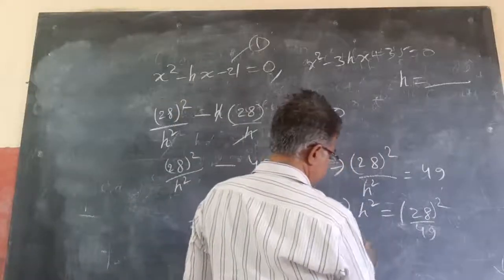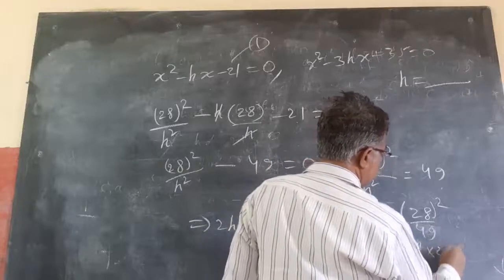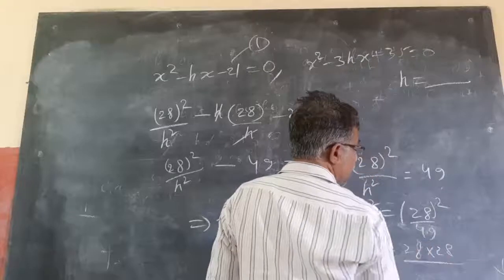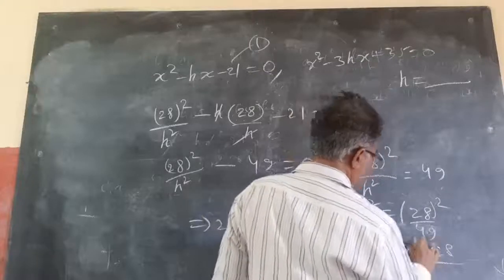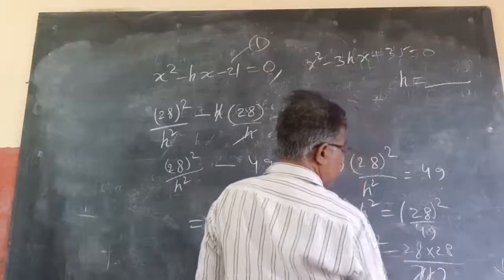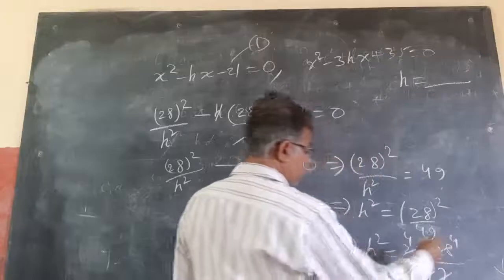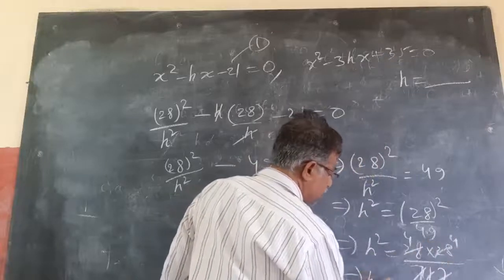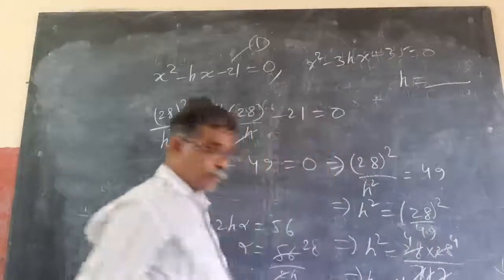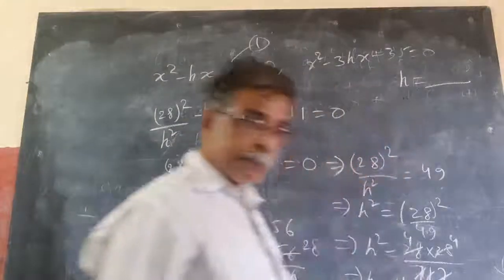So h square equal to 28 square by 49, where 28 is 4 into 7 and 49 is 7 into 7. The 7s cancel. So h square equal to 4 into 4, which implies h equal to plus or minus 4 only. So your option is the second option, plus or minus 4.